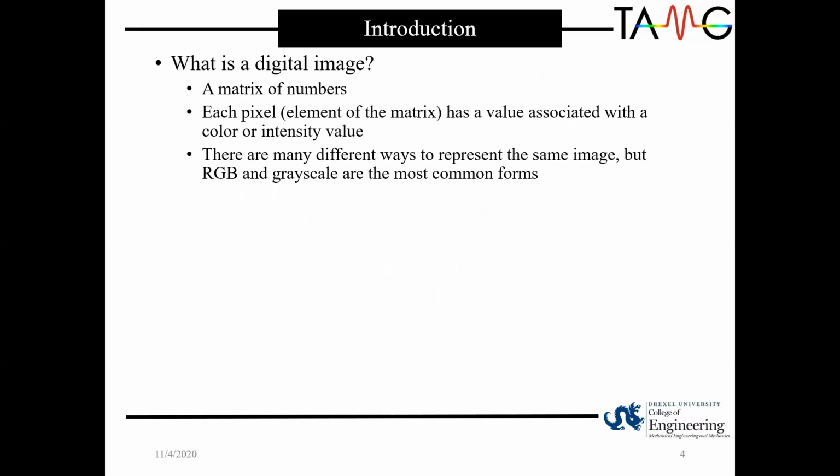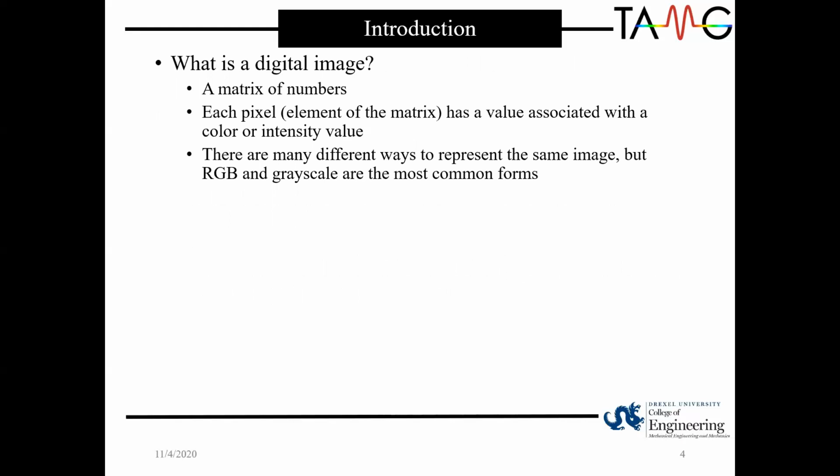Now with that, we walk into some of the fundamentals, which is: what is a digital image? For all intents and purposes, as far as your computer is concerned, or as far as your Python code or your MATLAB code is concerned, a digital image is just a matrix of numbers, where each pixel, which is each element of this matrix, has a value associated with an intensity value or a color. With regular images, there are the standard RGB, which is red, green, blue, or grayscale.